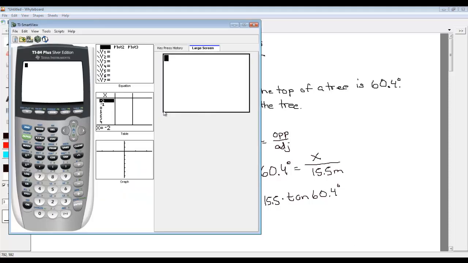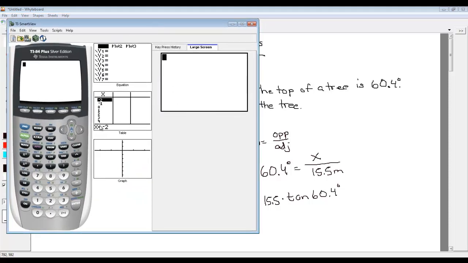Okay, so let's get our trusty calculator out here. Do 15.5 times the tangent of 60.4 and see what that gives us. And since we had 3 significant digits in our numbers in the problem, we'll just round to the tenths place and give us 3 significant digits here.